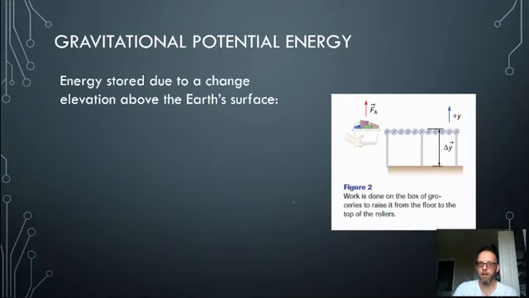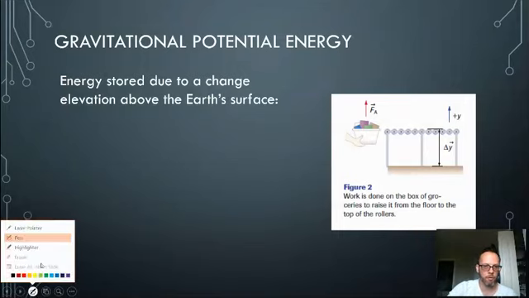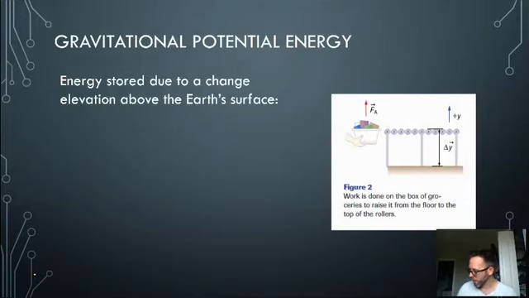Great. Let's talk about gravitational potential energy. So this is energy stored due to a change in elevation above the Earth's surface. So I am going to write a little formula for that. Depending on who taught you, you may have different ways of writing gravitational potential energy.